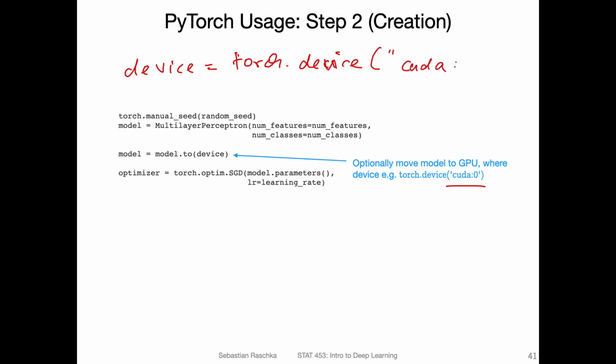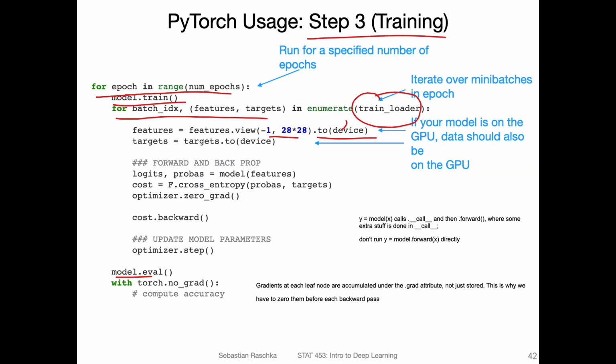Usually if you have one GPU, you would set it to 0. If you want to use a second GPU that you have in your computer, you can change it to 1. So this is really an index here. But I will also talk more about this in the next lecture. If you set this somewhere in your code, then this variable will be used here and here, so you don't have to change anything. It will just work whatever you have, either CPU or GPU.